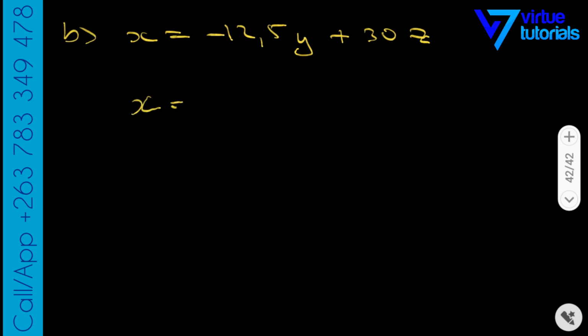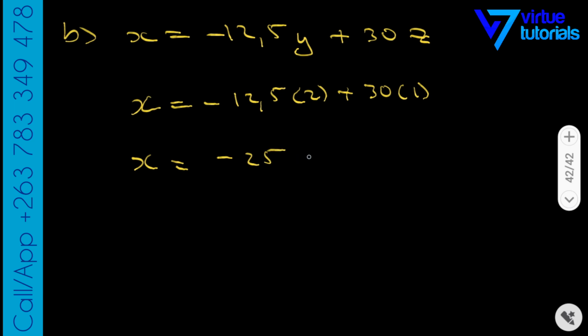So x will be equal to minus 12.5 times 2 plus 30 times 1. That's minus 25 plus 30. X is equal to 5.